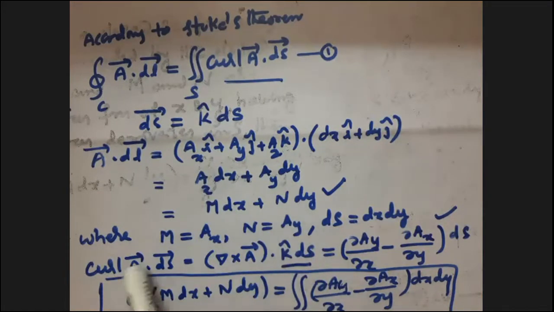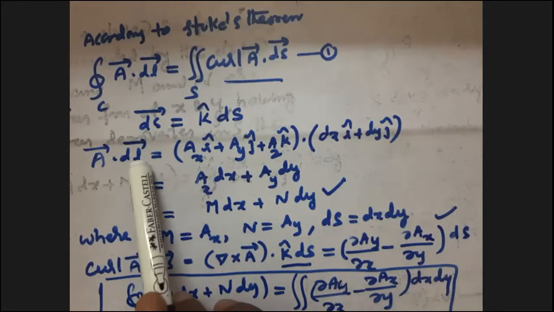Next, you take curl A bar dot ds bar, that is del bar cross A bar dot k cap ds. The dot product results in dou A_y by dou x minus dou A_x by dou y ds, where ds is equal to dx dy.